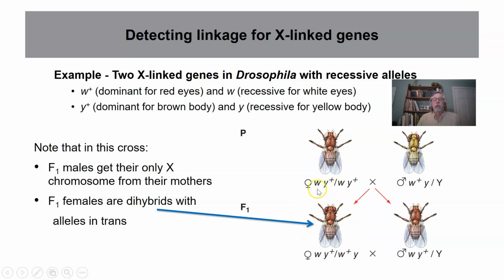This female is going to get this chromosome from the mother, w y+, and this chromosome from the father, w+ y. So this female now is doubly heterozygous, w w+ y y+. She will be showing both wild-type phenotypes, red eyes and brown body color. She is a dihybrid, double heterozygote.